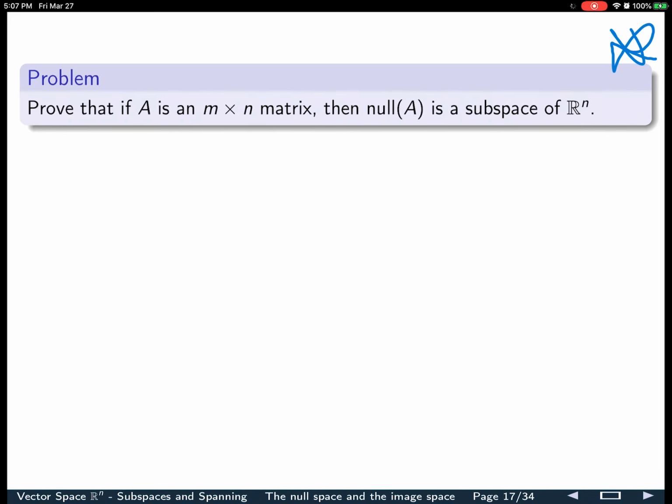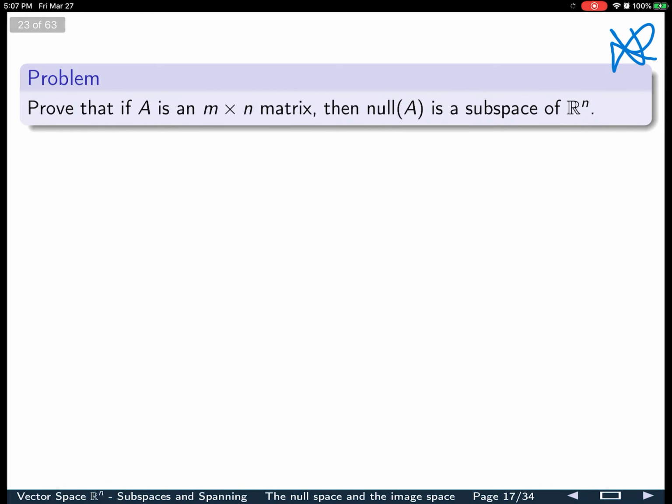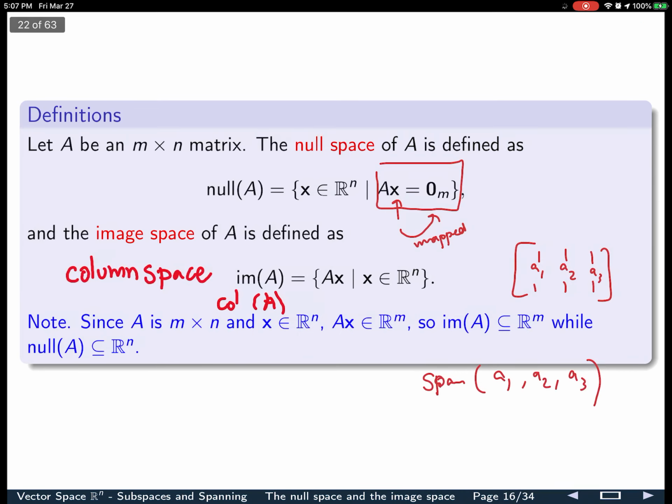We could real quickly prove that the null space is a subspace of Rn. And remember, when you're thinking about a matrix, it's an m by n object, which means that the vector x here, when you're multiplying Ax together, lives in n-dimensional space so that the matrix multiplication is defined.